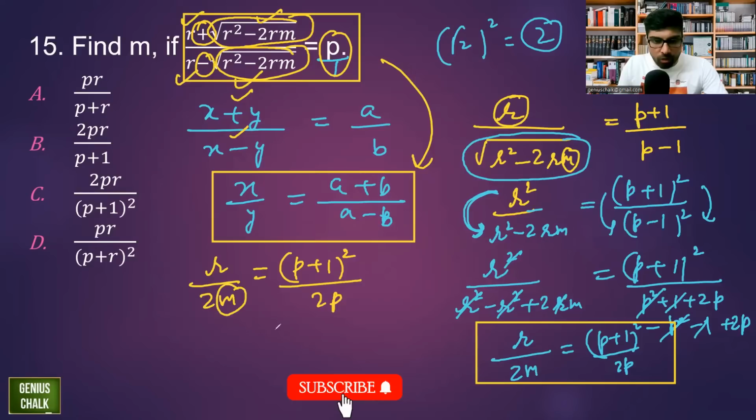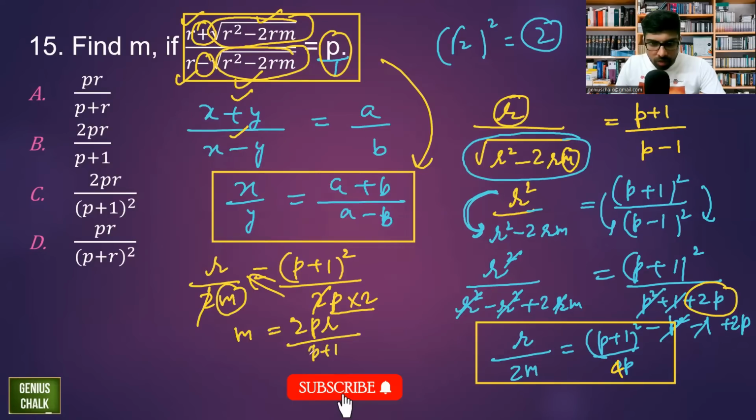I need to find the value of m. So I guess this 2 is getting cancelled. So m will be, just a second. This is 2p plus 2p, right? It is 4p. So here it is 2p also. So it will be 2p and r. So 2pr by p plus 1 whole square. A beautiful question. Answer is option C.